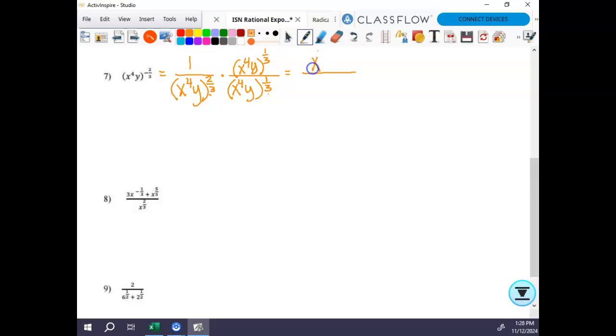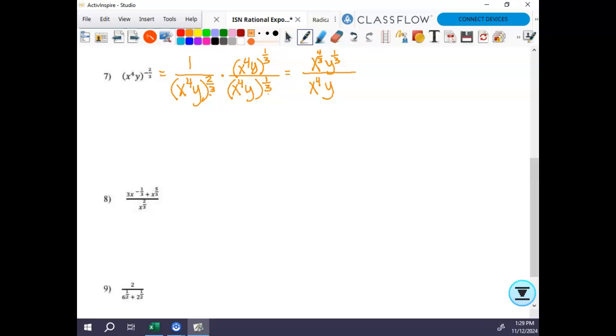So this becomes x to the 4/3 times y to the 1/3 over x to the 4th y, because all that just becomes to the 3/3 power, which is the first power. The whole reason we did it was to get those fractions out of the denominator. Everybody good so far?